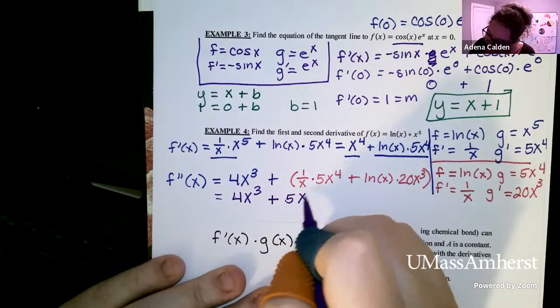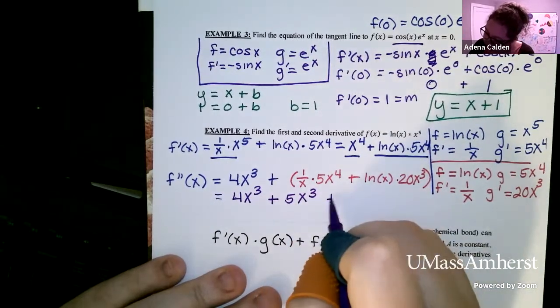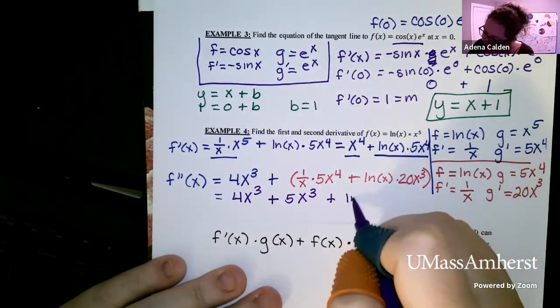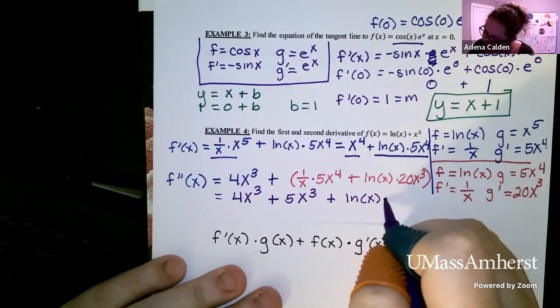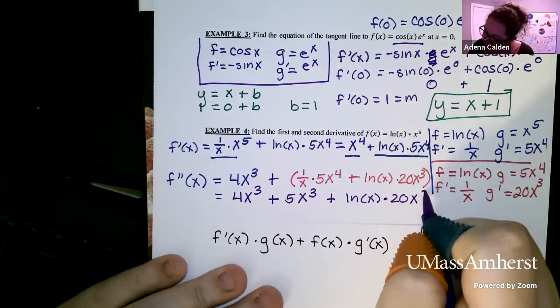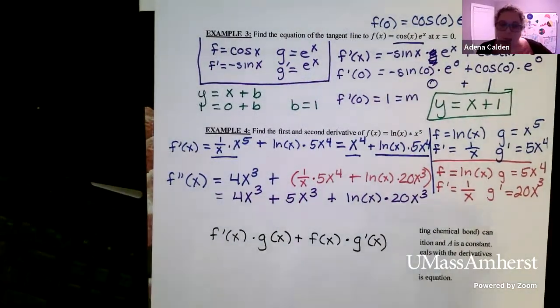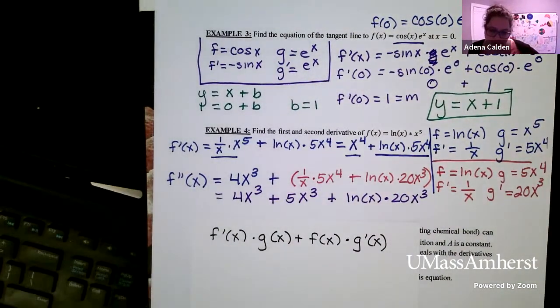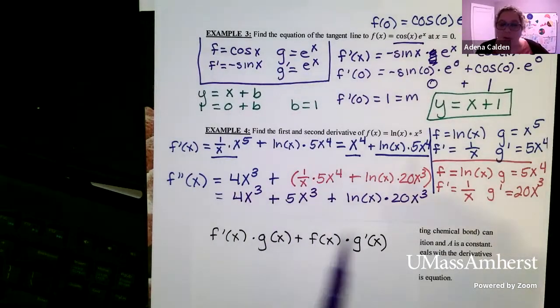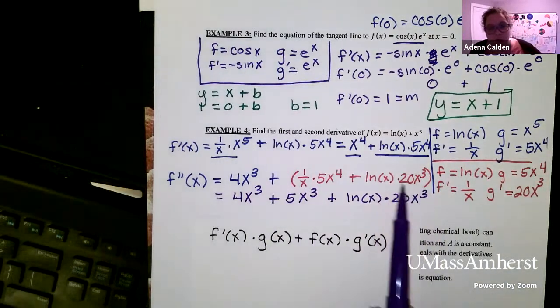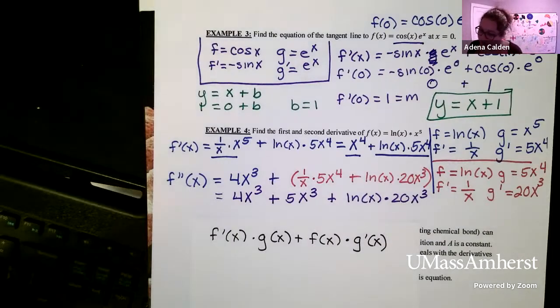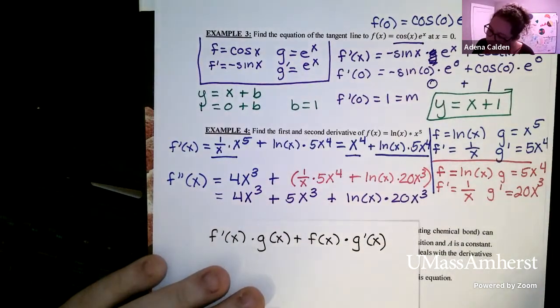So I'm going to get 5x cubed plus, and now I have natural log of x times 20x cubed. But what I notice here is that I have a 4x cubed plus a 5x cubed, right? So I can add those together. This also has an x cubed term, but it's connected to the natural log of x. So I'm not likely to do anything with that.